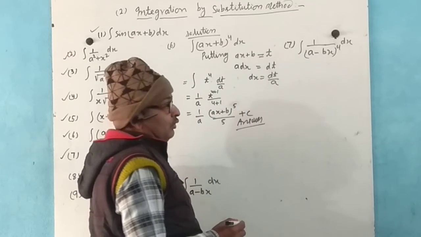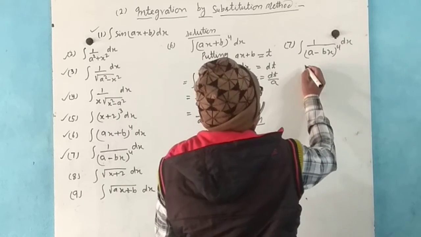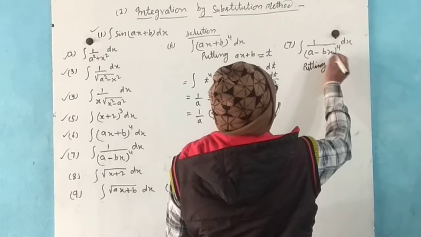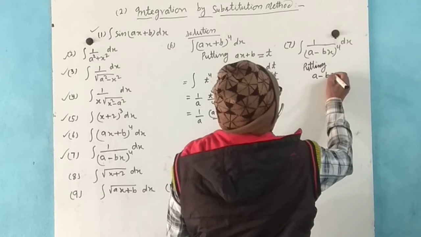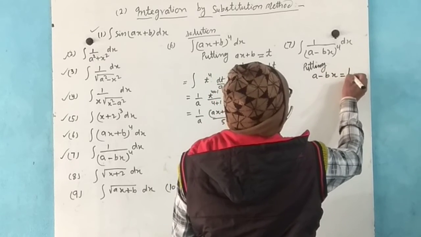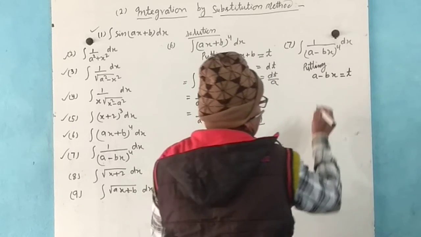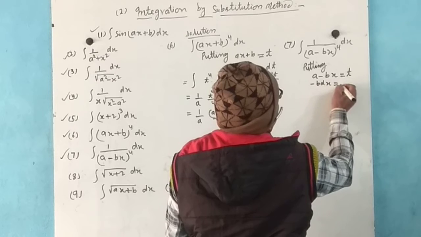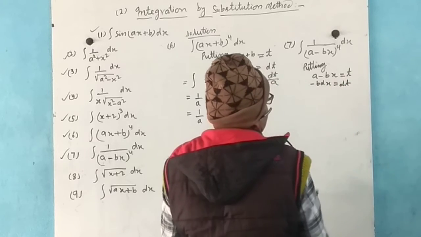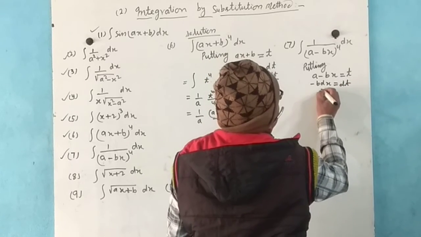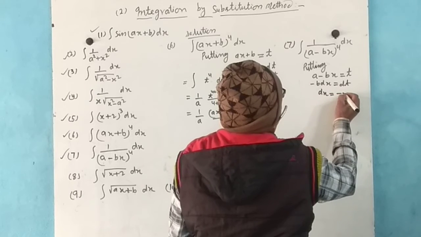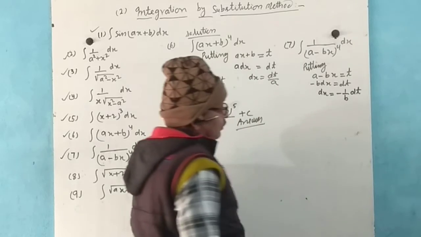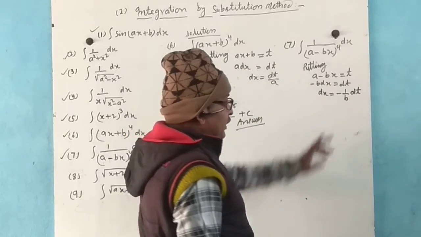As we know, here putting a minus bx equal to t, so that minus b dx equal to dt. It means that dx equal to minus 1 by b dt.